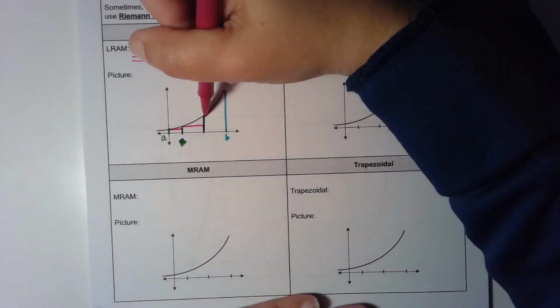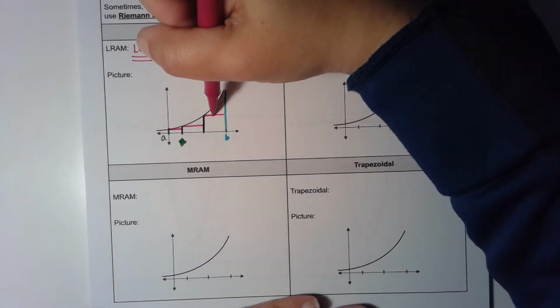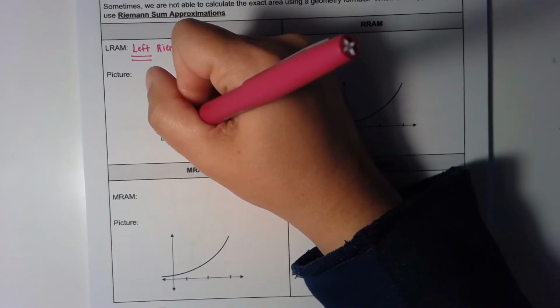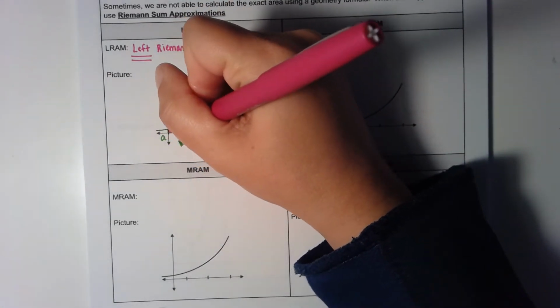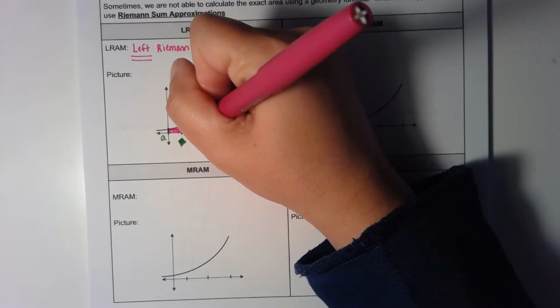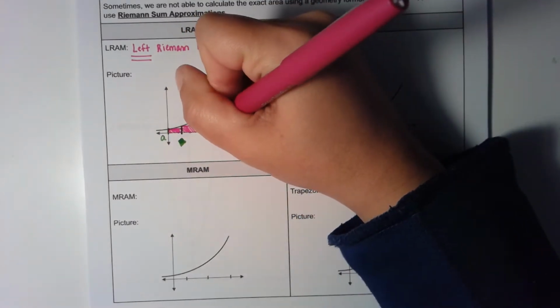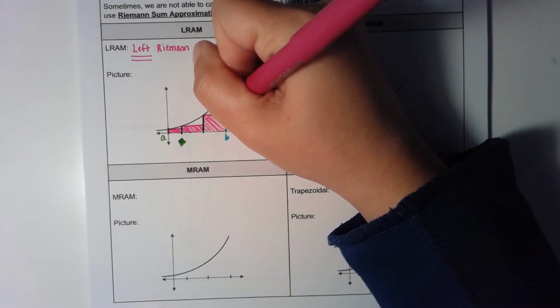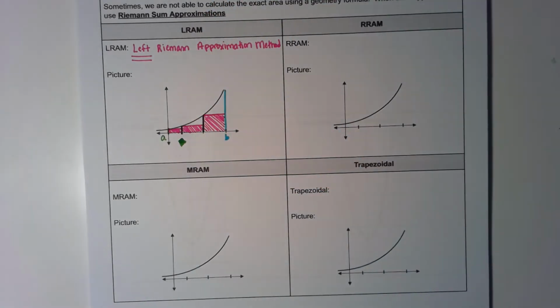And the same thing here, we're going to use the height of the left side of that subsection in order to make a rectangle.